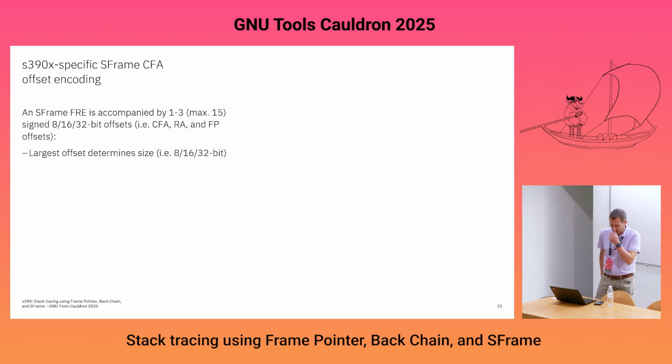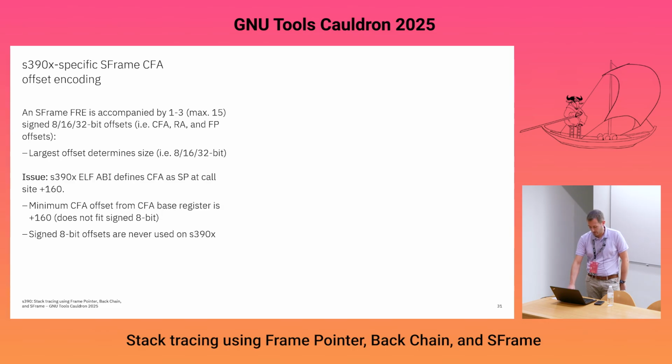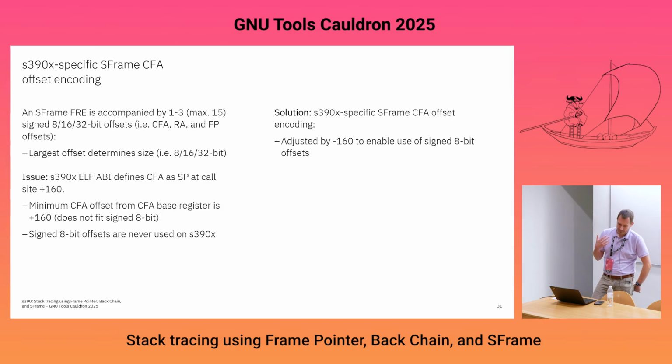Then let's have a look at the encoding of the CFA offset. As already mentioned, of those 1, 2, 3 offsets, the largest one determines the size. Due to the CFA definition, it doesn't fit the 8-bit offsets.